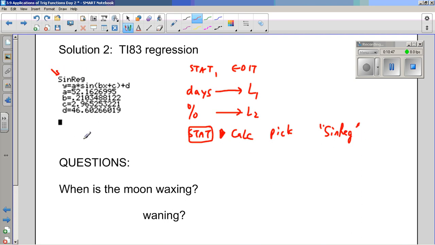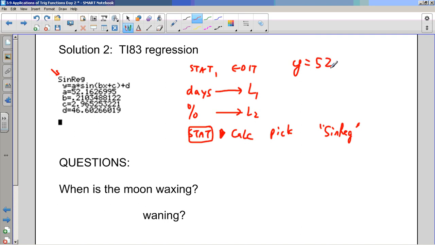So what is this telling me? This is telling me that the function is y equals 52 and change sine bx plus c. Notice that this isn't in our nice form there, but b is 0.21 x plus c, 2.97 about, and then plus 40, almost 47.